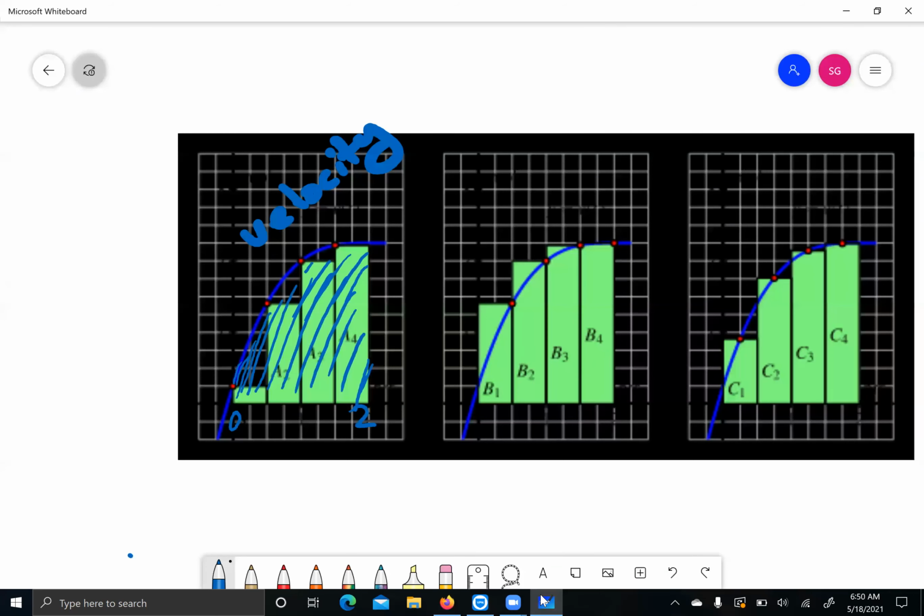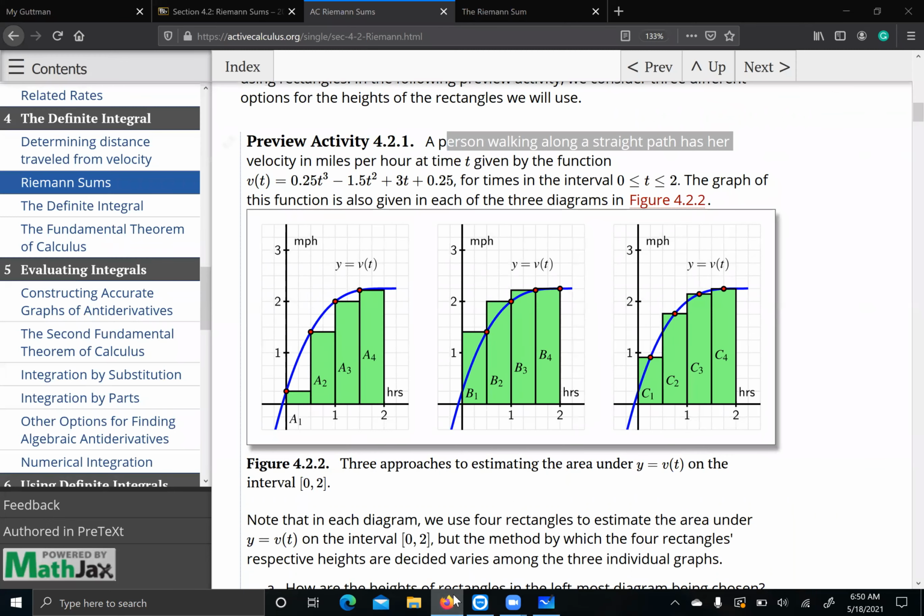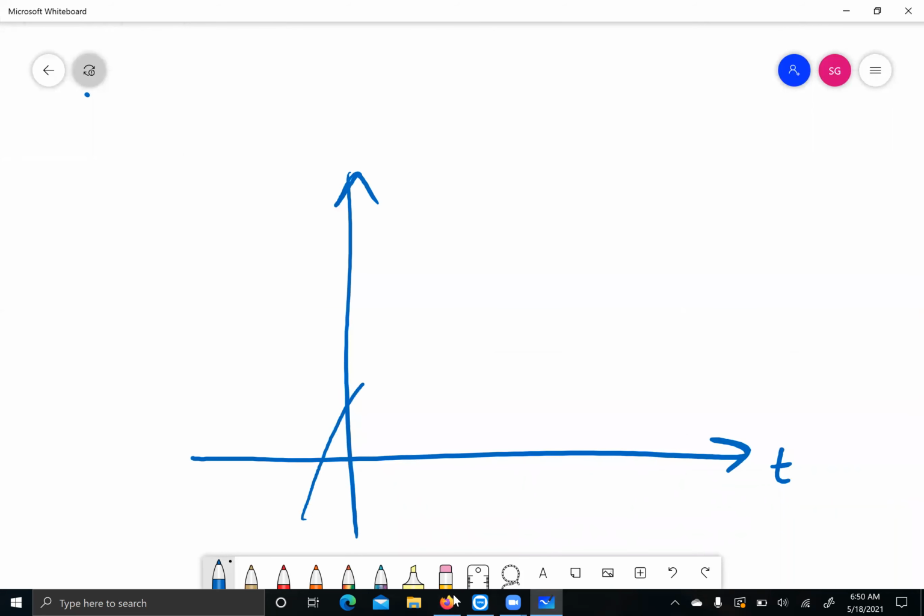Okay. So maybe I draw it here. Look, here is time, and then we have a curve like this. So at 0, the velocity is here. At 2, it is here. So this is the velocity function.